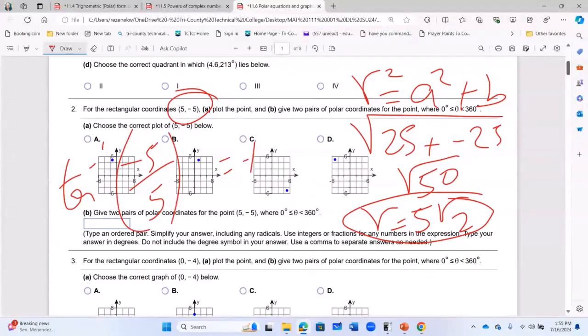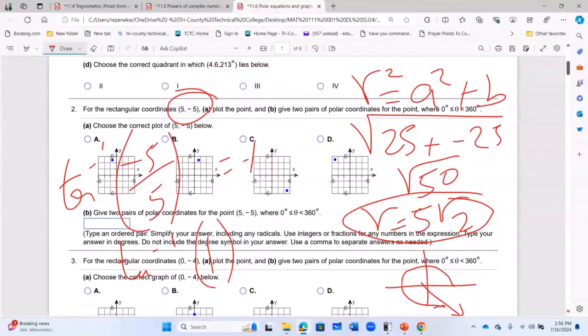Tangent is negative in the fourth quadrant. So we are looking for an angle in the positive direction that stopped here. First let's find the angle. Tan inverse of -1, angle 1, is going to be 45 degrees as a reference angle.